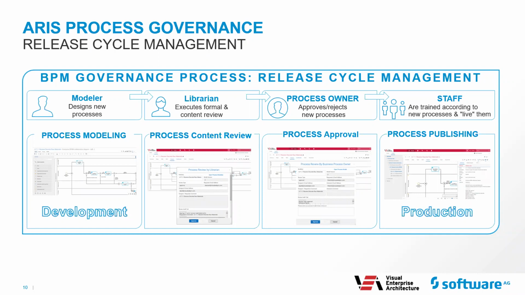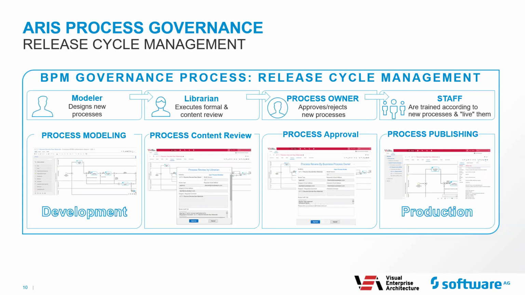Okay, so the way this works is the modeler designs a new process or updates an existing process. This is done in the development repository or library. The modeler ensures that the model is semantically correct. We have some out-of-the-box things called semantic checks, where we can run a process structure semantic check.